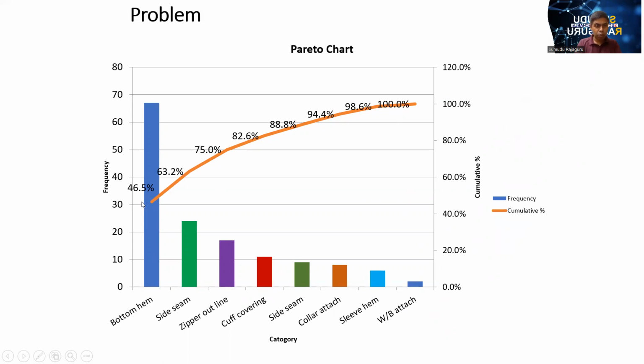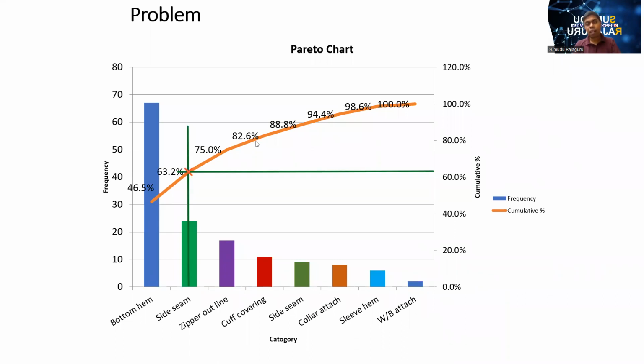Now, by considering the cumulative percentage, when we consider the bottom hem, the cumulative percentage is 45.3 or something. So we mark a dot here. When we come to side seam, you can remember the cumulative percentage was 63.2. Then how can we mark it? We take the center line of this bar. Then we take 63.2 from this axis. Then the intersecting point is where we mark.